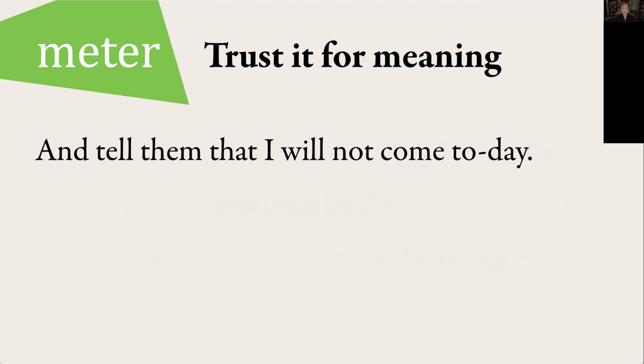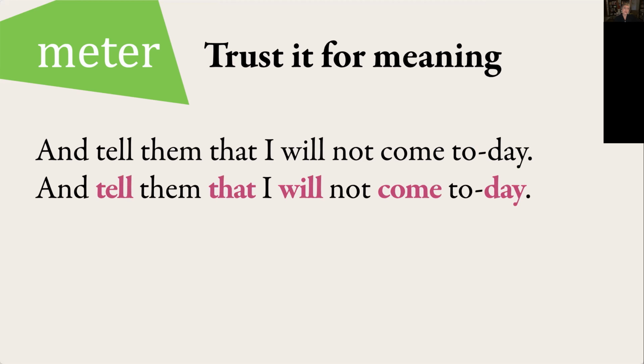When Decius Brutus comes in to tell Julius Caesar it's time to go to the Capitol and get assassinated, Caesar tells them this. I've heard it read on stage something like, "And tell them that I will not come today," with "not" as a big word. What Shakespeare actually wrote is, "And tell them that I will not come today."